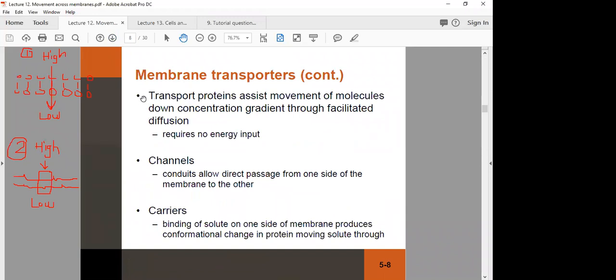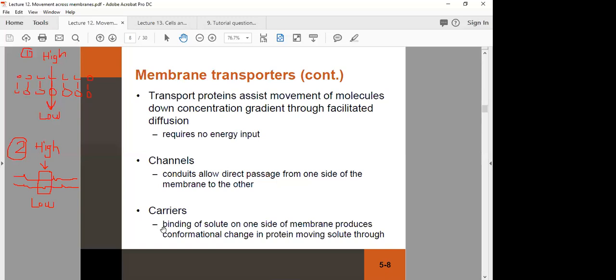All right, so still on facilitated diffusion, transport proteins assist the movement of molecules down a concentration gradient through facilitated diffusion, requiring no energy input. There are two broad categories of membrane transport proteins: channels and carriers. Channels allow the direct passage from one side of the membrane to the other, whereas carriers are a little bit different.